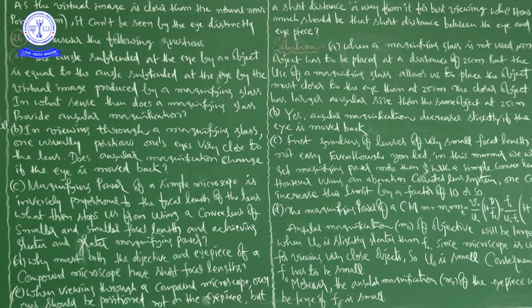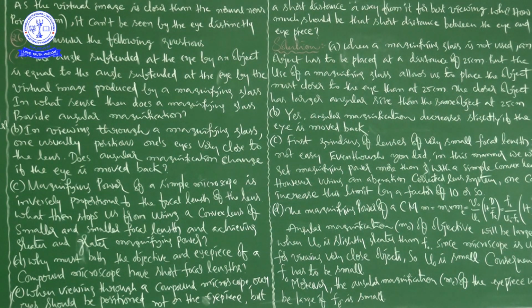So first he is saying that the information is true: the magnifying power of a simple microscope is inversely proportional to the focal length of the lens. Then what stops us from using a convex lens of smaller and smaller focal length and achieving greater and greater magnifying power? Okay, see here.